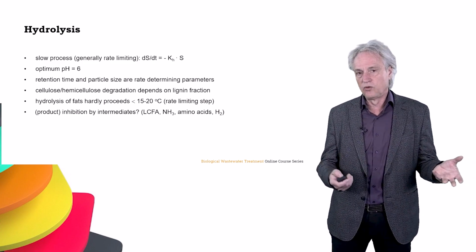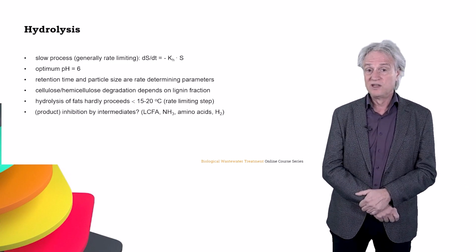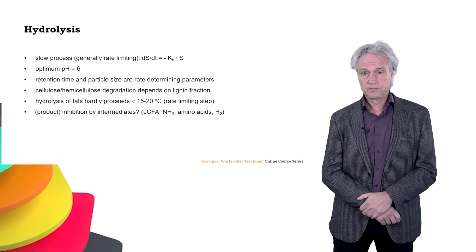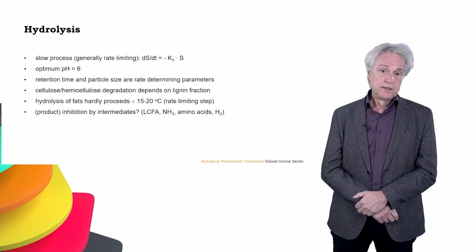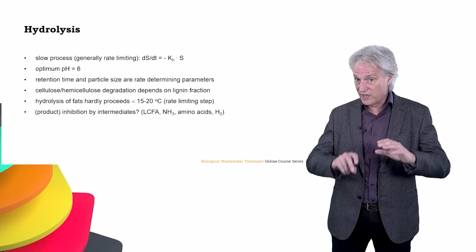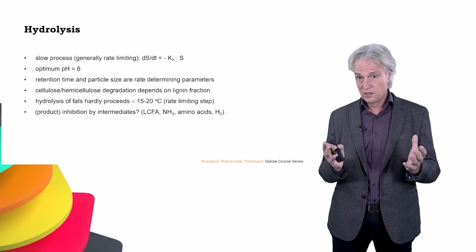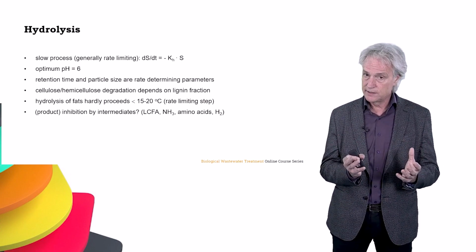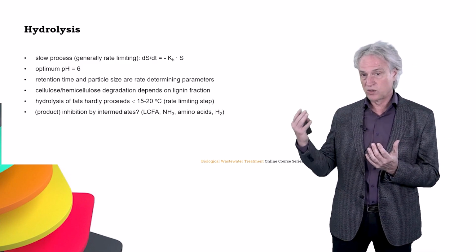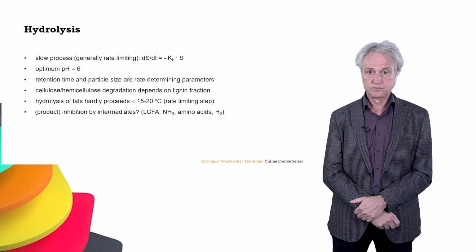And now, since all the suspended solids need to be solubilized, the retention time and particle size are determining parameters. Cellulose and hemicellulose degradation depends on the lignin fraction. So if we have a waste with a considerable fraction of lignin, and the cellulose is encrusted by the lignin, then hydrolysis takes more time.